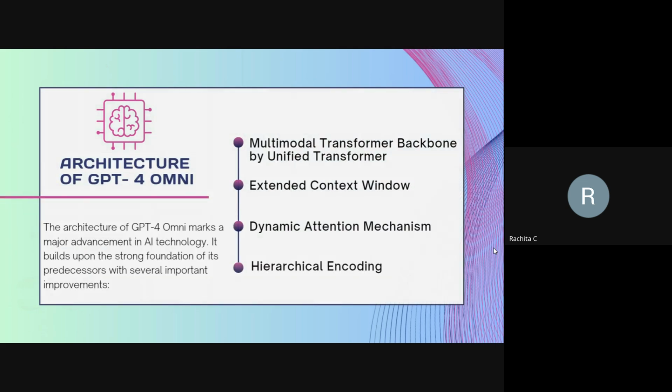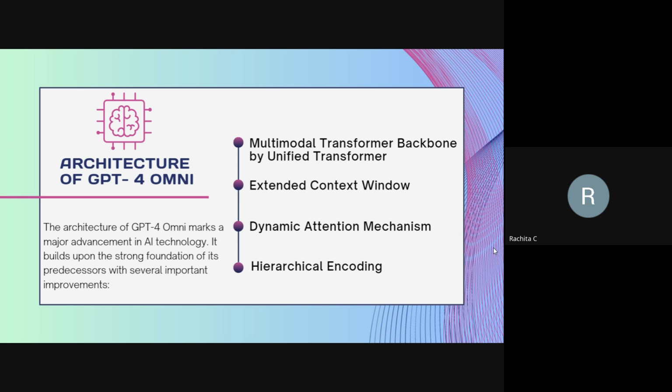Let's talk about the architecture of GPT-4 Omni. When we talk about GPT, there are other models that were released previously as well. The 4 Omni model has shown a major advancement in AI technology, and it has built upon a very strong foundation compared with the previous models. There are several improvements in this upcoming model.